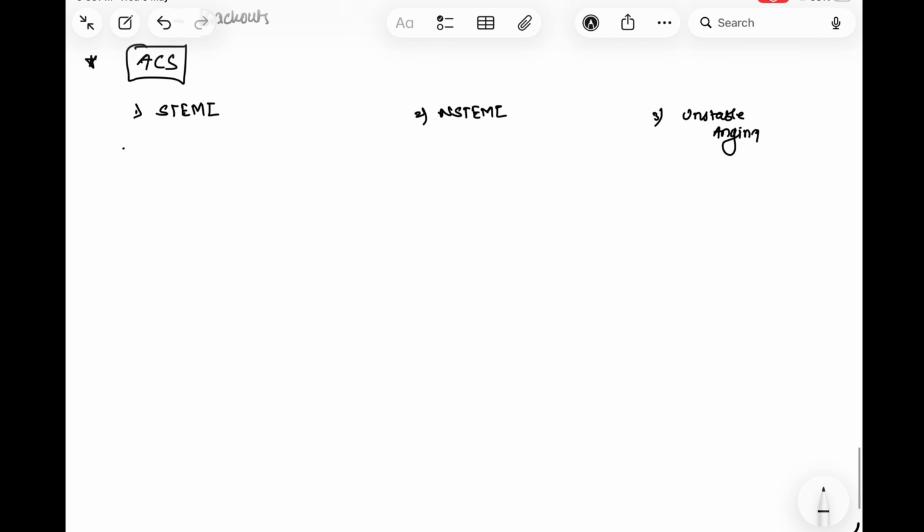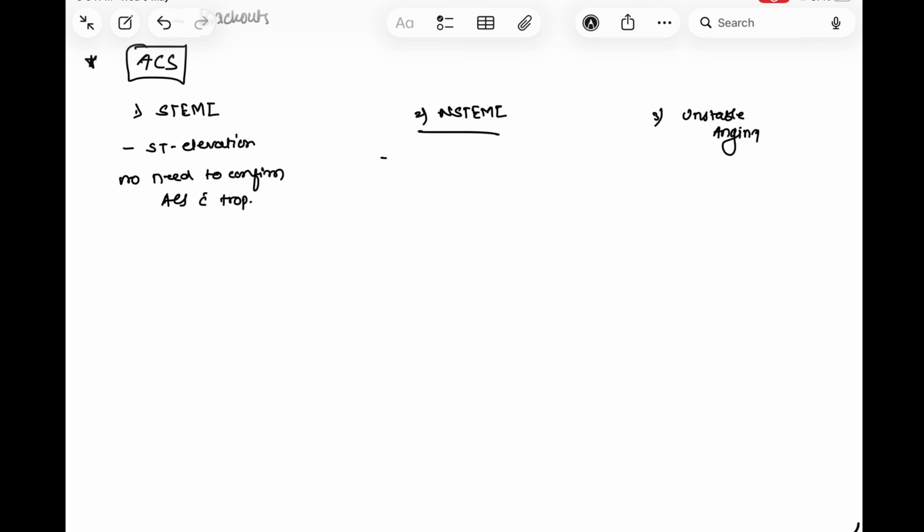In STEMI, we will get ST elevation. As soon as we get ST elevation, there is no need to confirm ACS with troponin. Though we can use troponin as a measure of severity of ACS, there is no need to confirm the ACS in STEMI, right?